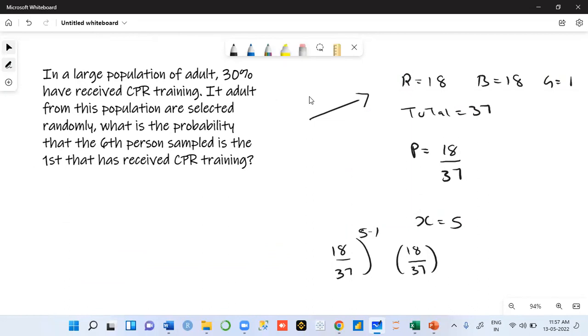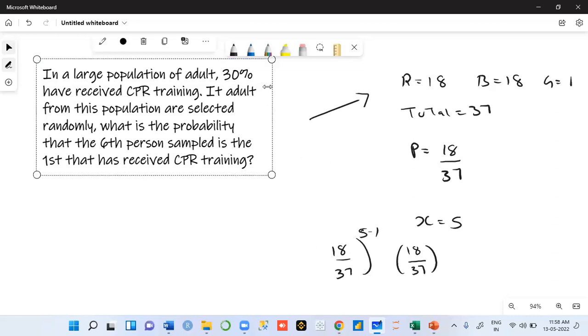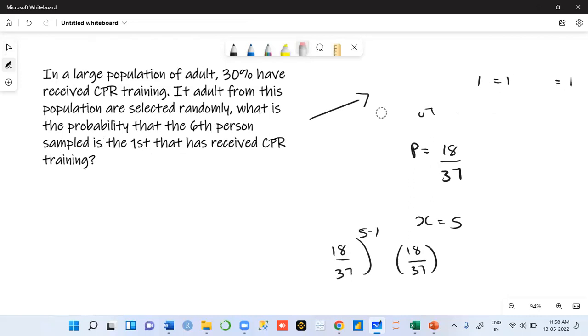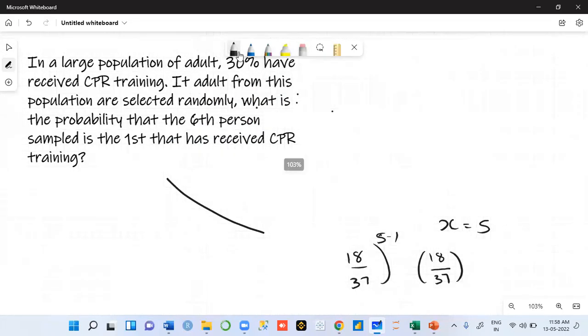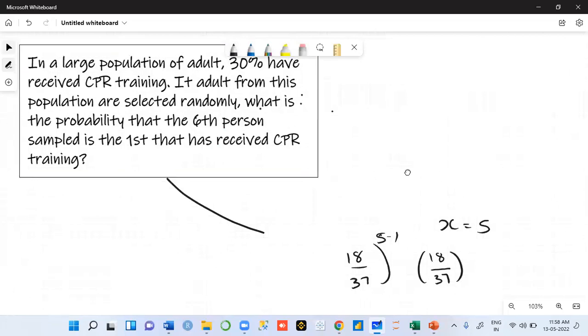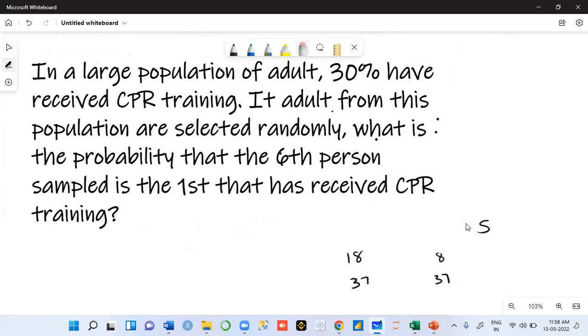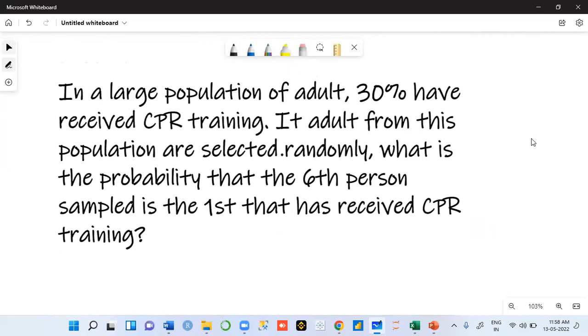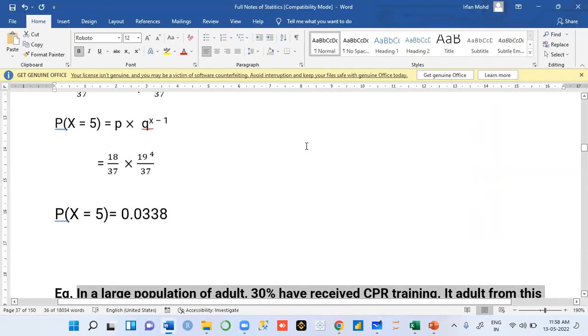Then how will you give it? That is exactly 5, right? What is the answer? How much? 0.038. Perfect.